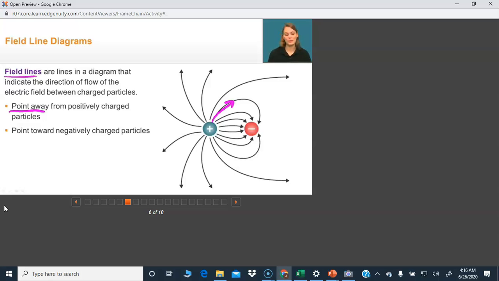And they always go into or point towards the negatively charged particles. Since the charges are spherical, when two particles interact, not all of the field lines have the strength to connect. The lines that are too far to connect will appear to go off into infinity.